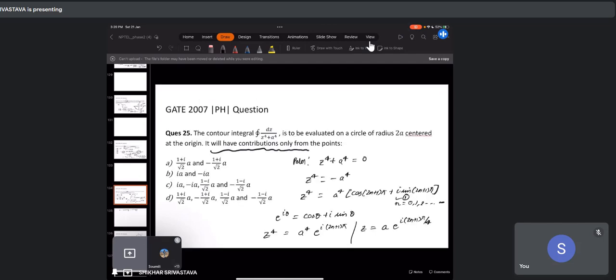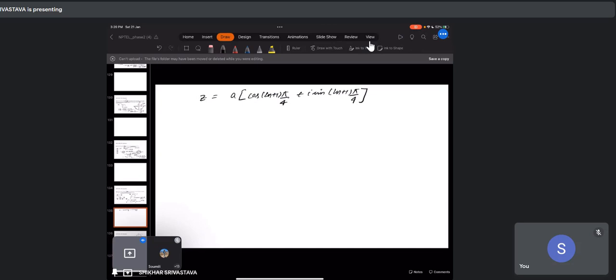Now you just put different values of n. For example, if you put n equal to 0, then you will get a times cos of pi by 4, which is 1 by root 2, plus i sine of pi by 4, which is also 1 by root 2, which you can write as a by root 2 times (1 plus i).